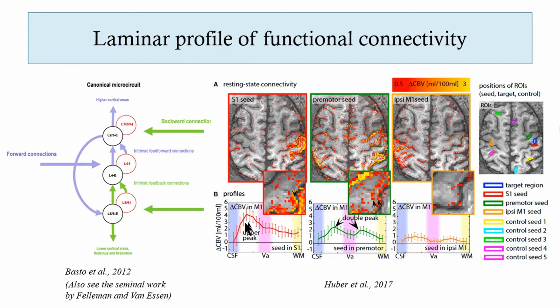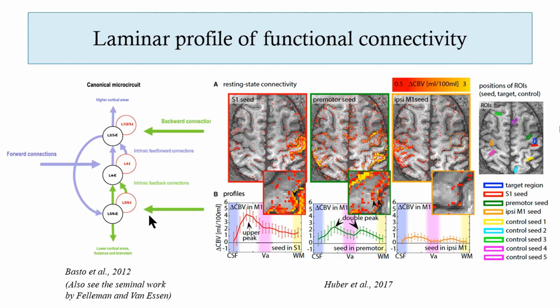You can see that this peaks roughly at this location, and this corresponds pretty well to this canonical circuit pattern. Now, if you look at the premotor cortex, which sends backward connections to M1, you can see there are two peaks, like two hills, and this looks pretty similar to the superficial and deep layers for the backward connection.